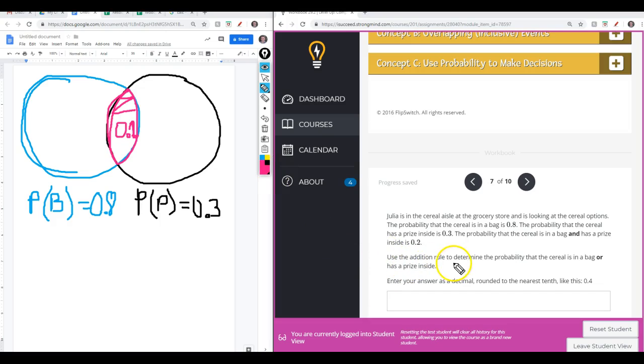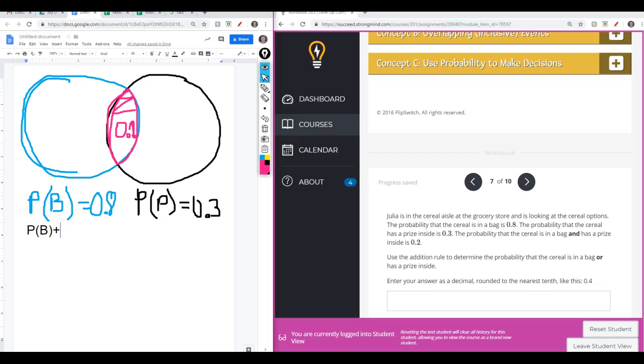So use the addition rule to determine the probability that the cereal is in a bag or has a prize inside. So what we want to find out is the probability that it's in a bag plus, or, since it says or, it can be the entire probability that it's in a bag or it has a prize inside.